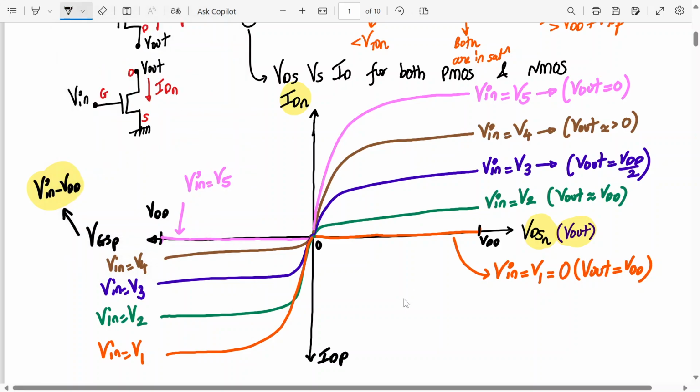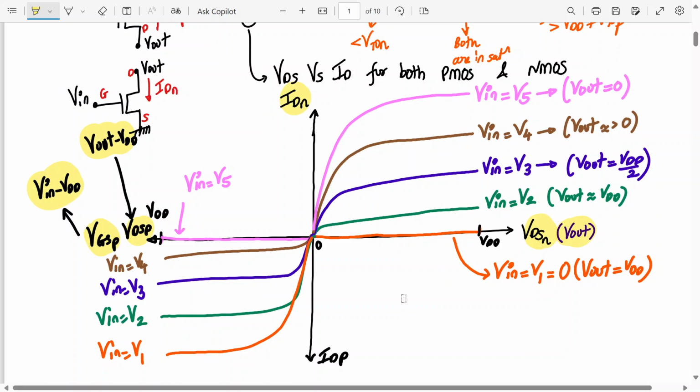Basically VDSP. And what is VDSP given by? V out minus VDD. So remember it. VGSP is V in minus VDD, and VDSP is V out minus VDD. So that's why the graphs are coming like that.